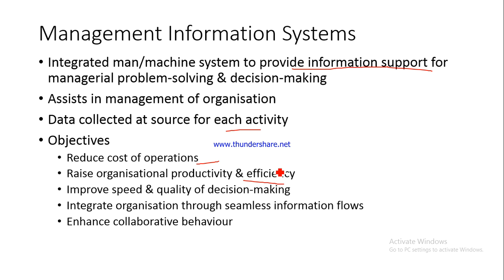Supposing I want to make this decision, I want to reward these students. Don't you think I would be able to do it faster when I have an Excel sheet available with me? And then I can decide whether or not to reward all of them or which ones to reward. Right? So it has basically also improved the speed and quality of my decisions. Why? Because now I have access to more information.